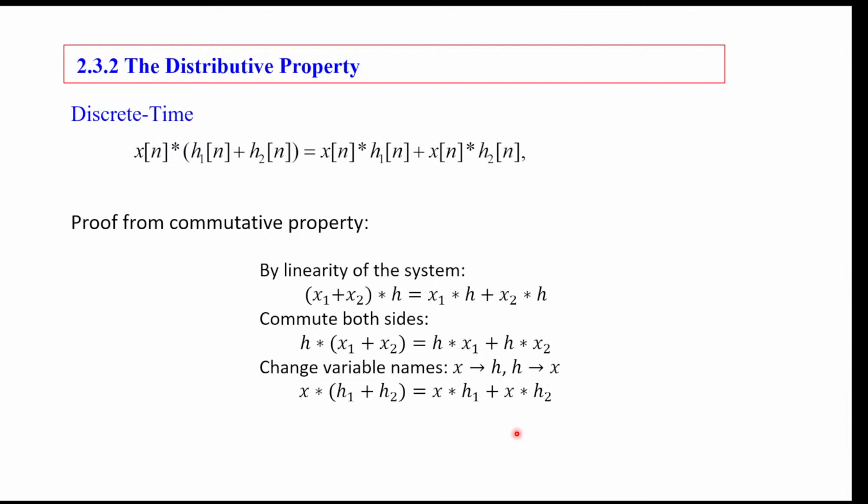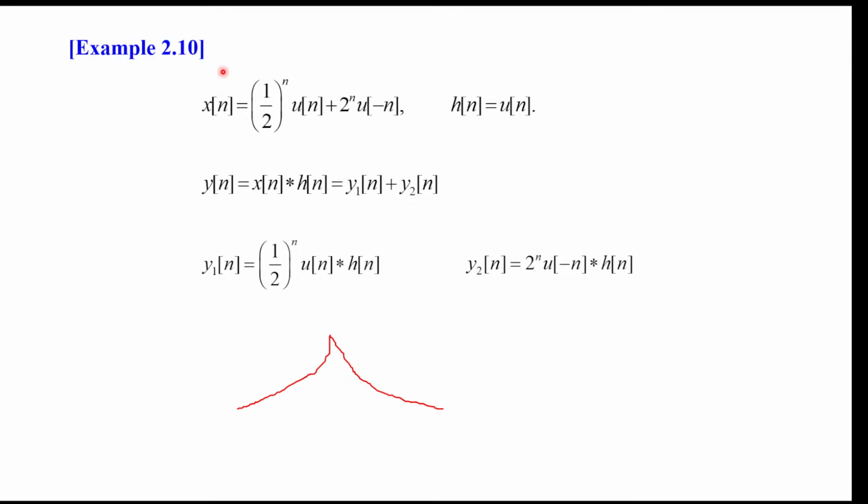Okay, so that's the distributive property. It says that in any argument, this operation is distributive. From linearity and the distributive property, we can simplify our convolution of convolution a little bit.